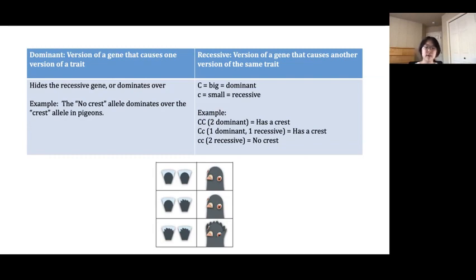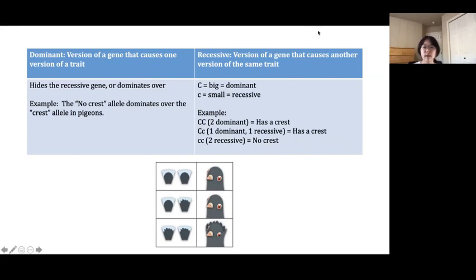And you can see that in the diagram below, where if you have two parents with no crest, the baby will have no crest. If one parent has a crest and the other has no crest, then the no crest will dominate over the crest and the baby will have no crest as well.